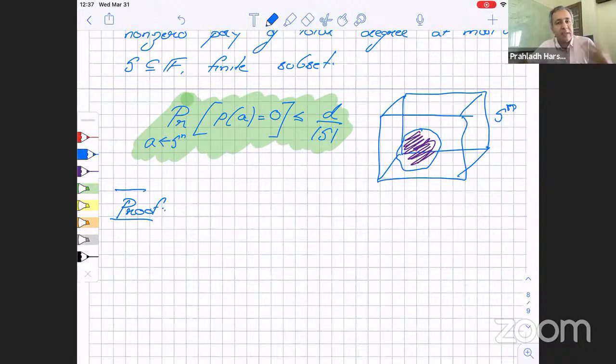At 1 minus D by S fraction of the places, it has to be non-zero. It can be 0 only at a very small fraction. So this naturally tells us that if we frame several of our problems in this fashion, the problem is a yes instance if the corresponding polynomial is identically 0. And then to check it's identically 0, just pick a large enough S, choose a random point and compute that polynomial, whether it is 0 or not. But let's see the proof of this.